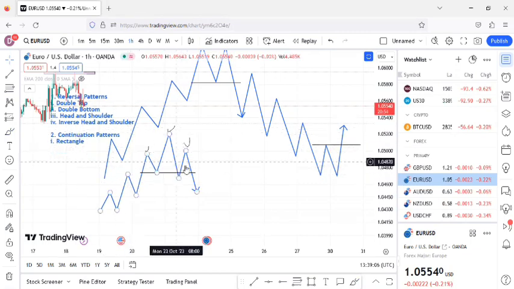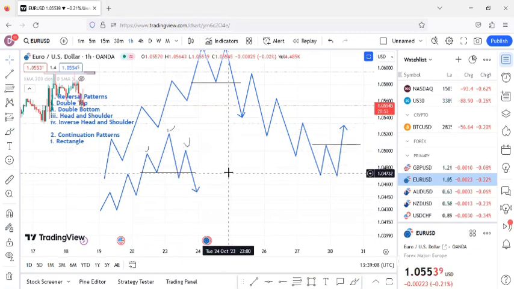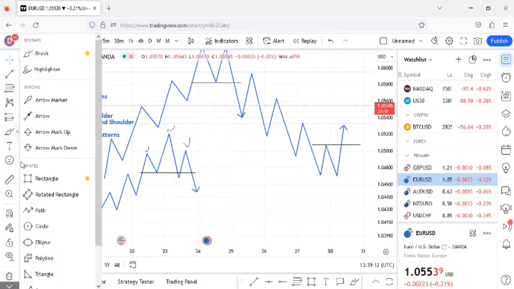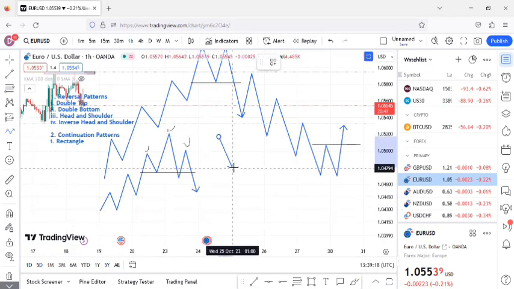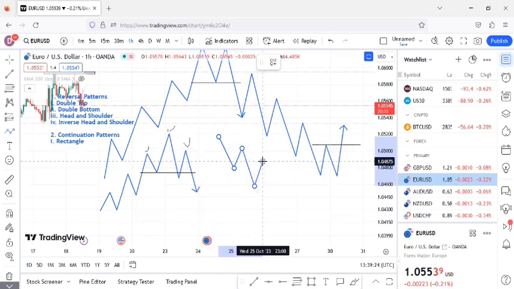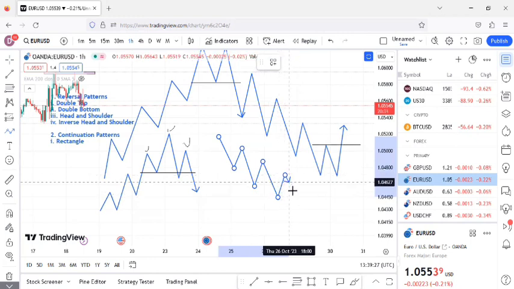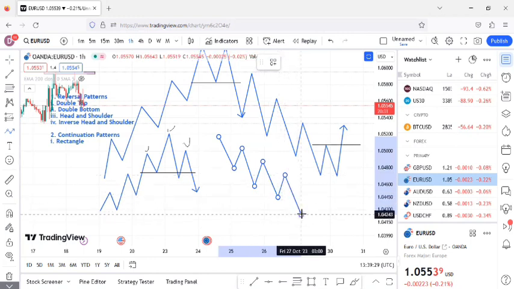So now the same thing on a downtrend. When you're on a downtrend, that is where you find the inverse head and shoulder, like this. You have a high, low, lower high, lower low, lower high, lower low, lower high, lower low.